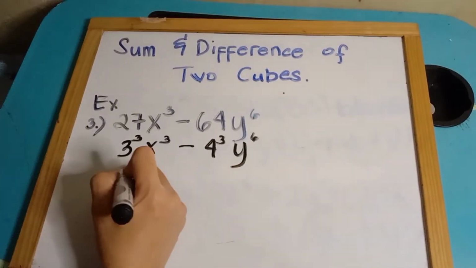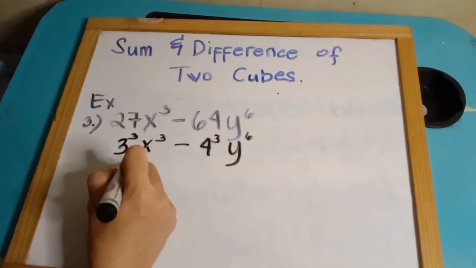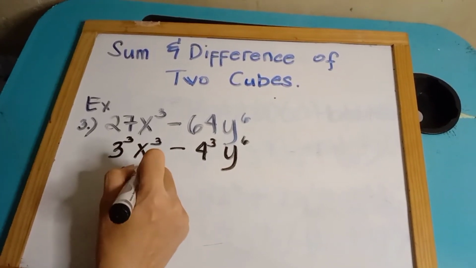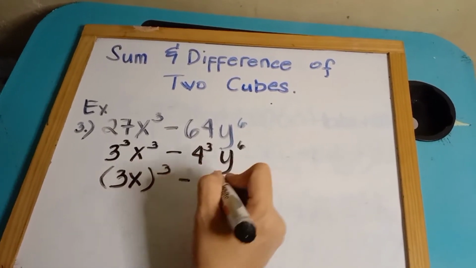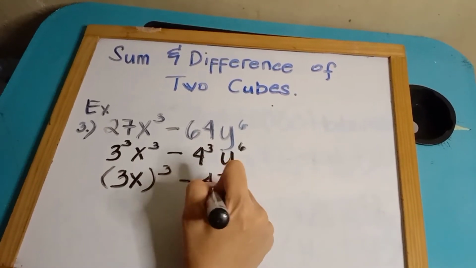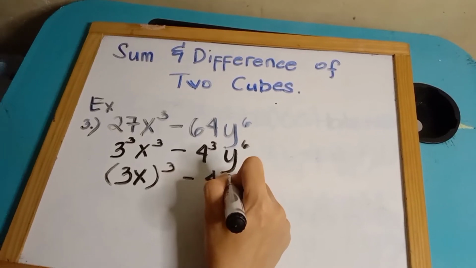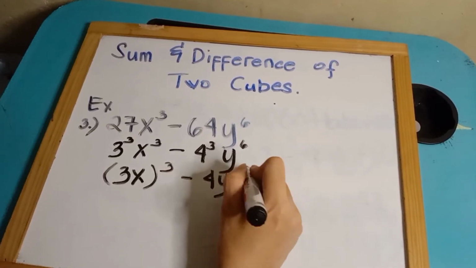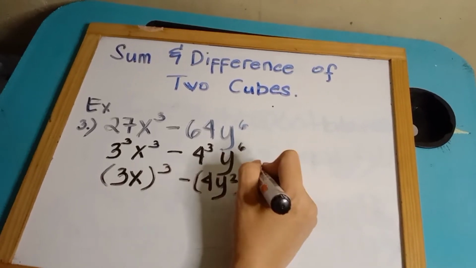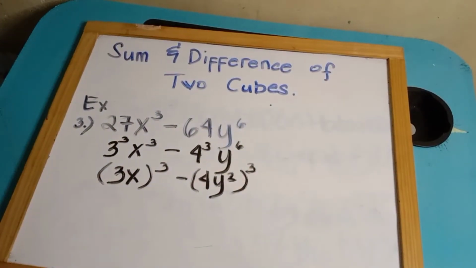So, to simplify, pwede natin siyang i-rewrite na 3x cubed minus 4y squared and then cube. Okay?